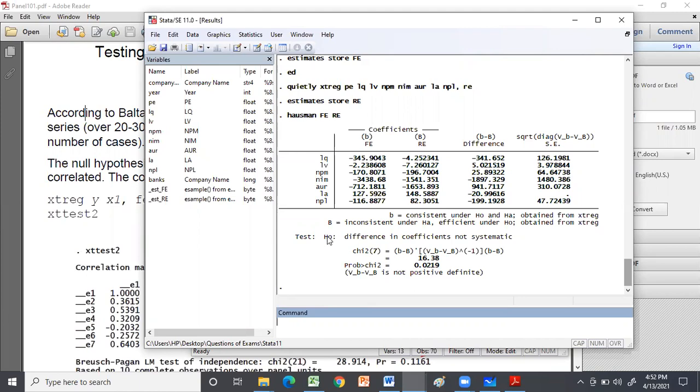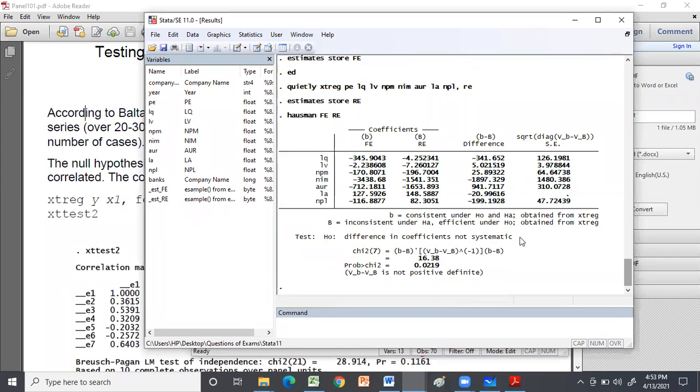What was your null hypothesis in the Hausman test? Difference in the coefficients not systematic. More simply, when you are doing the Hausman test, the null hypothesis assumes that the random effect model is better than the fixed effect.